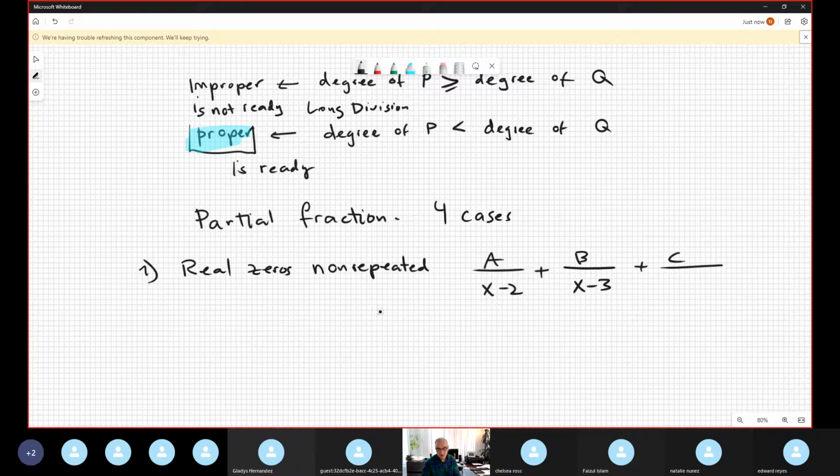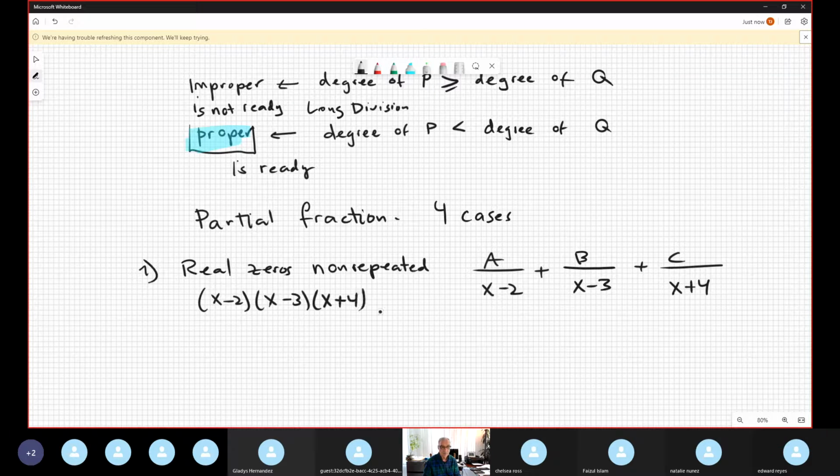This is so far the theoretical part, guys. I need to explain, I suppose. x plus 4. So in this case, in the polynomial in the bottom, q, you discover somehow that the factorization is x minus 2, x minus 3, x plus 4.